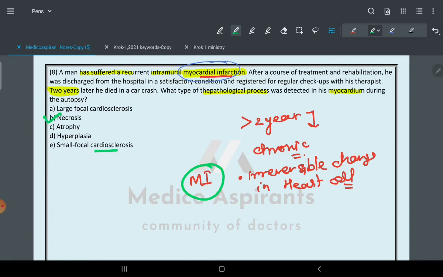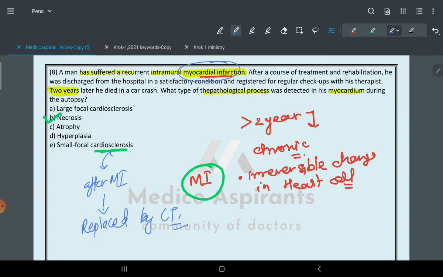It always results after MI. It is post infarction cardiosclerosis, a result of myocardial infarction. The necrotic heart muscle region is replaced by connective tissue.